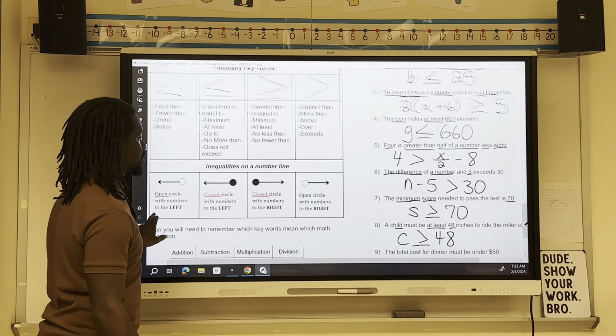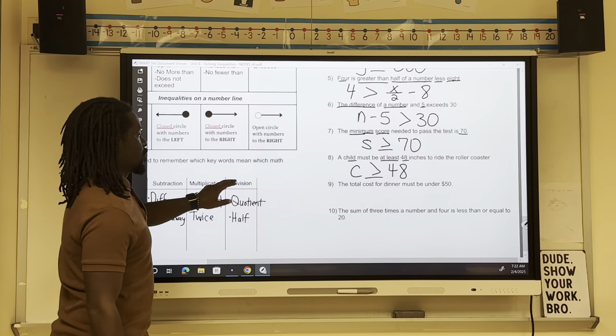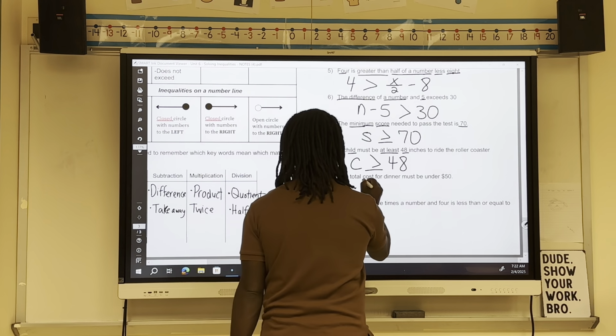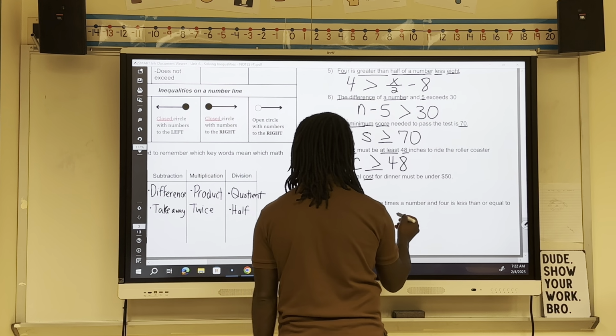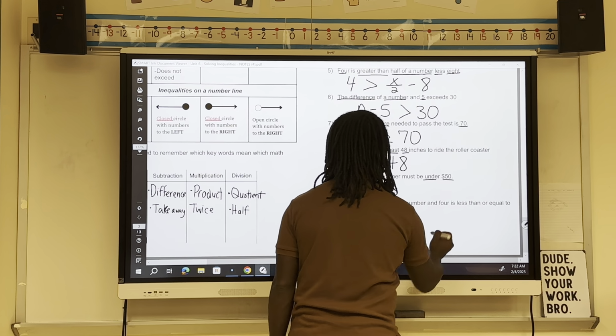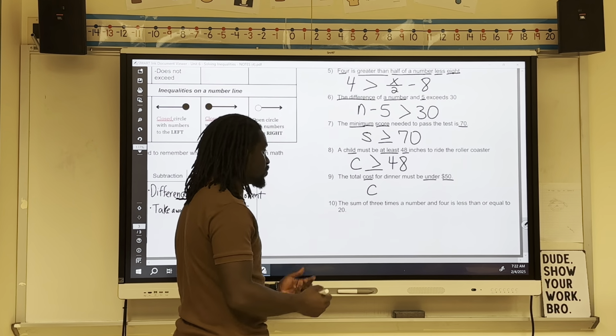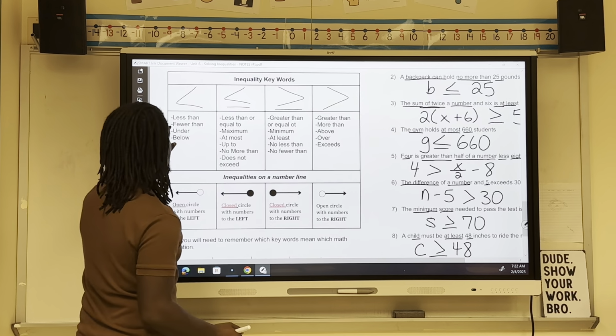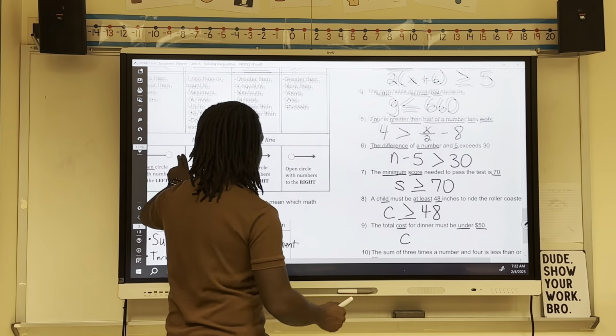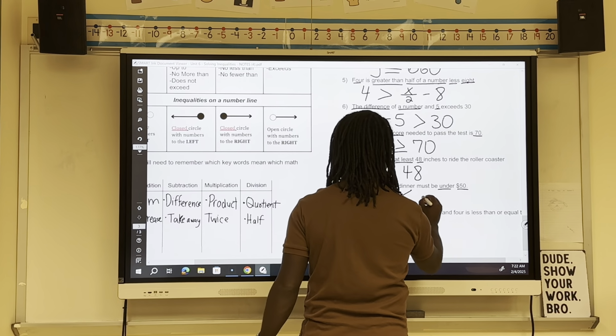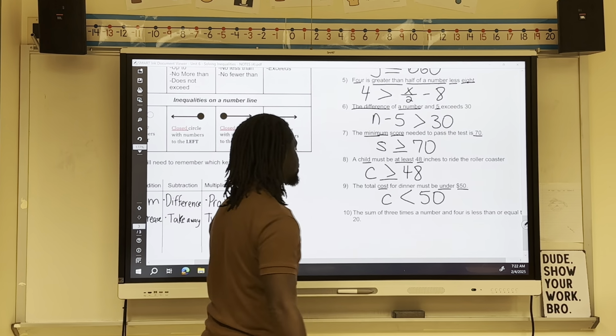All right. Next one, the total cost for dinner. So cost is what we are looking for. It must be under 50. Okay. So the cost is C. That's what we don't know. It must be under. Under is less than. So it must be less than $50.